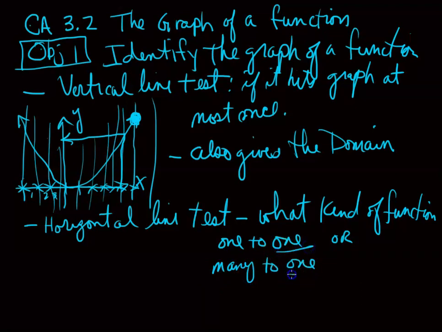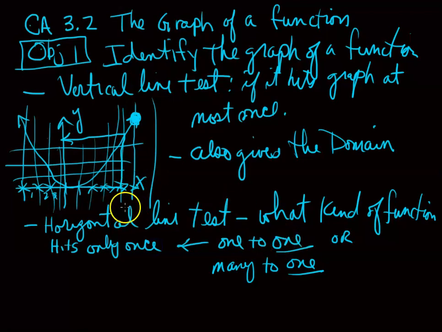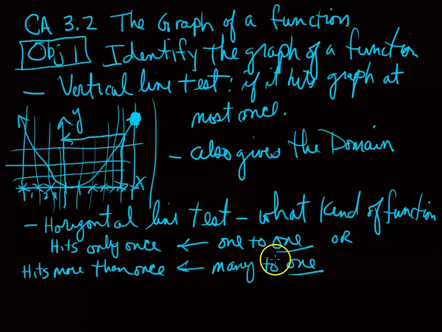That second word being a 1 is what makes it a function. So in this case, a horizontal line test hits it more than once. If it hits only once, then it is a 1-to-1 function. 1 x for 1 y. If it hits it more than once, then it is a many-to-1 function.